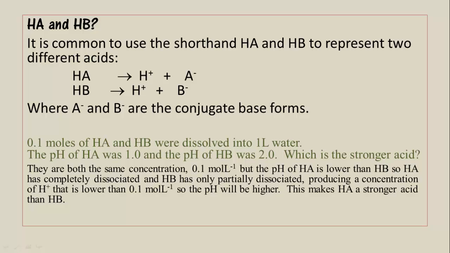This makes HA the stronger acid than HB. Essentially, HA dissociates to a greater extent than HB, releasing a higher concentration of hydrogen ions, therefore a lower pH. You can make this comparison directly because they're both the same number of moles dissolved into 1 litre of water. So what you're looking for is evidence of the amount of dissociation.